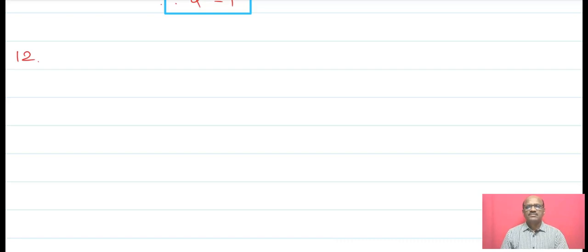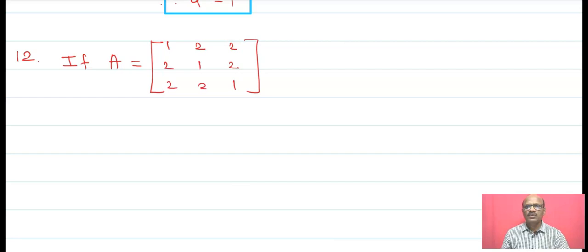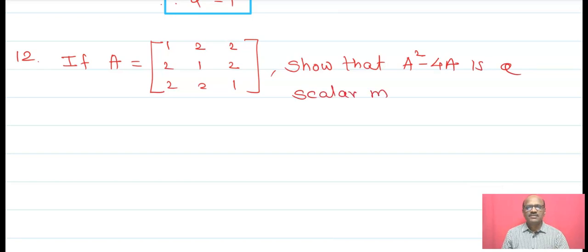Next is question number 12. If A is equal to 1, 2, 2, 2, 1, 2, 2, 2, 1, show that A square minus 4A is a scalar matrix.